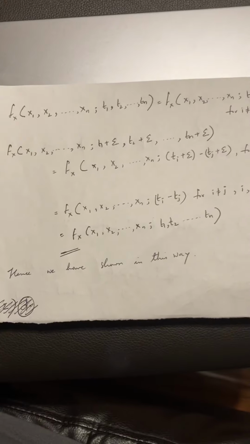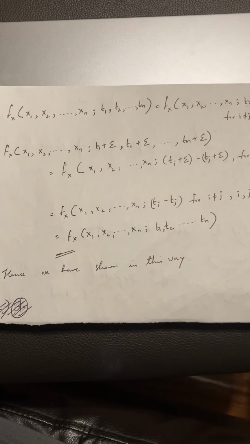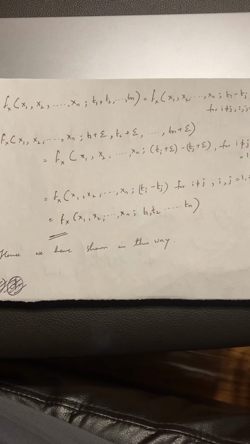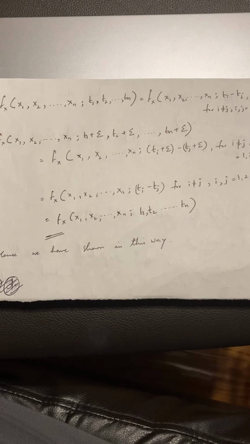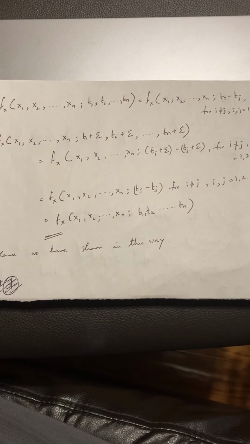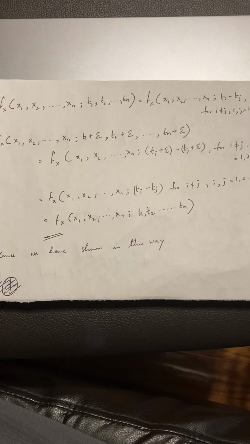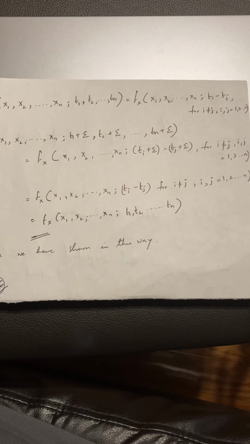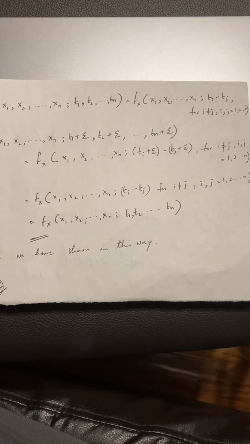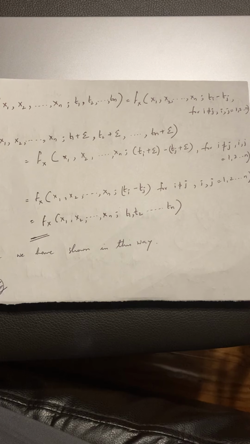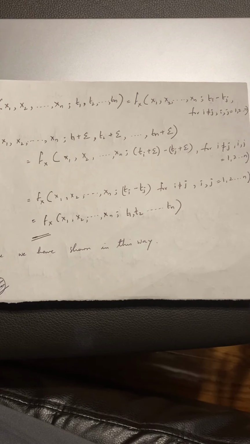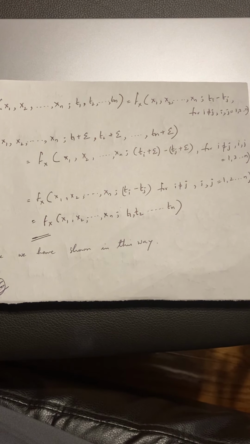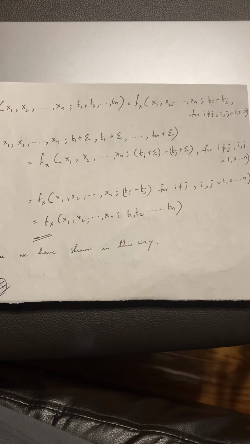Coming back to the density function, it can be rewritten as fX(x1, x2, and so on up to xn) for any time instances t1, t2, and so on up to tn, which is equal to fX(x1, x2, and so on up to xn), taking time as ti minus tj for i not equal to j.